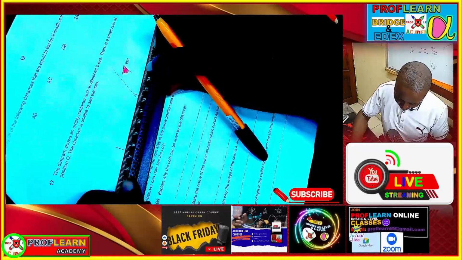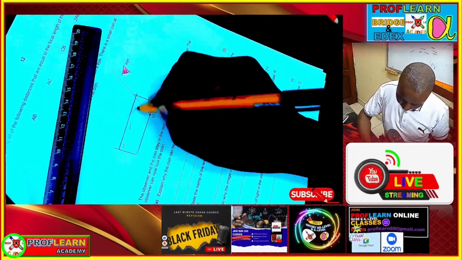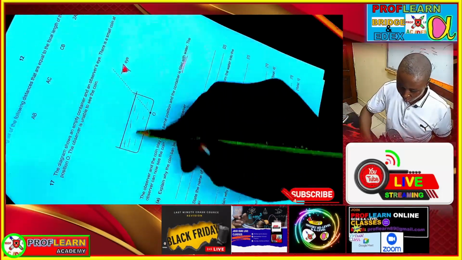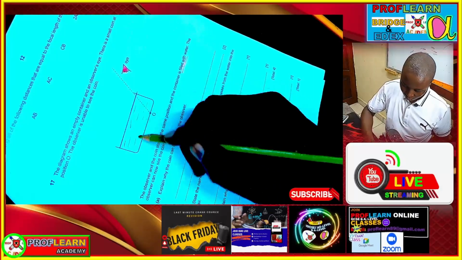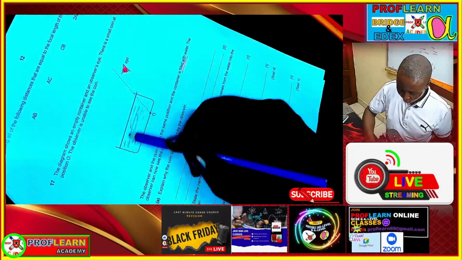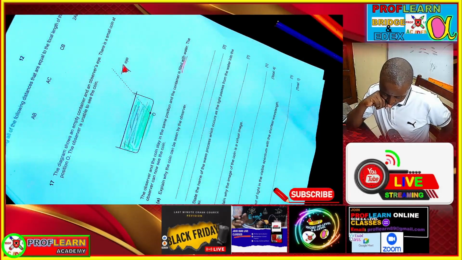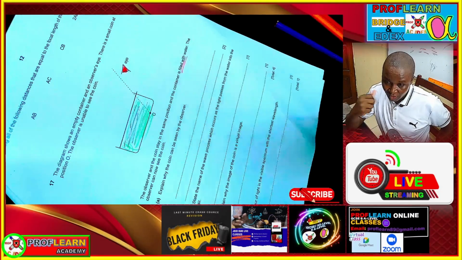Let me assume that we have some water here in the container, and the coin remains wherever it was. Explain why the coin can be seen by the observer when it's filled with water.